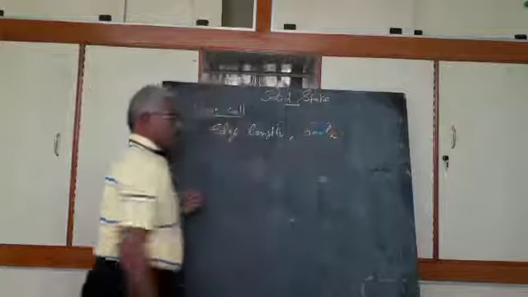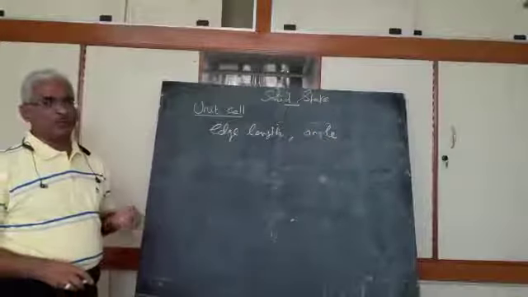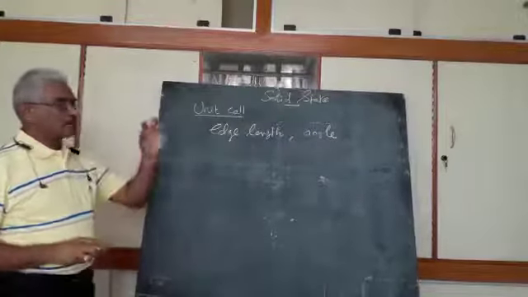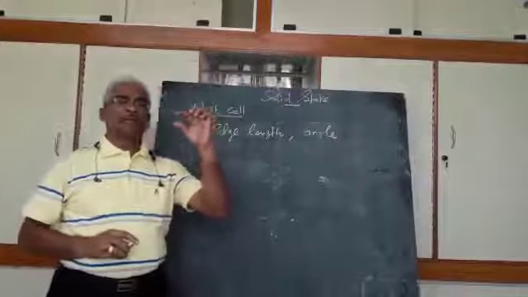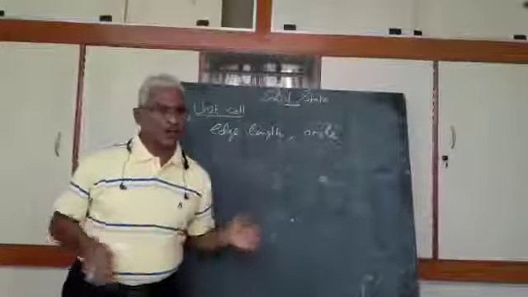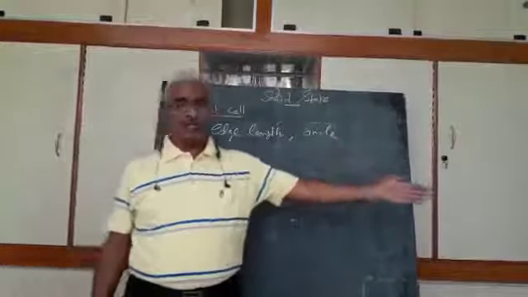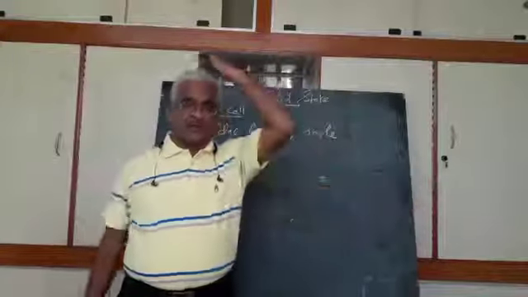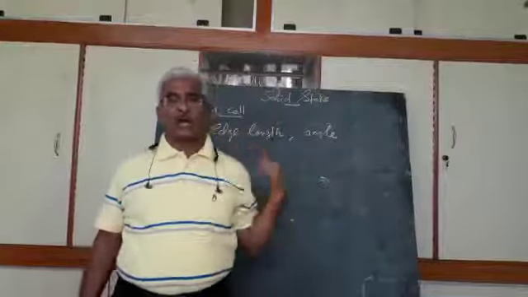Hope you remember. Let me repeat, no problem. So in a crystal, we have millions and millions of atoms. We have to assume in 3 dimensions. 3 dimensions means you have to assume left, right, top, bottom, front and back.